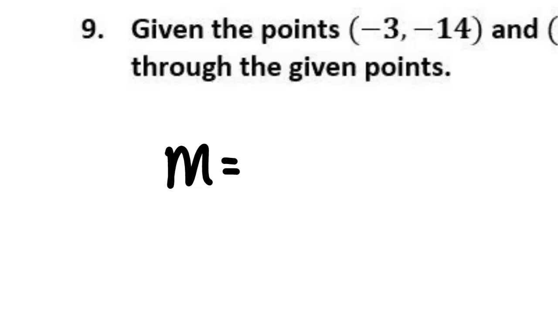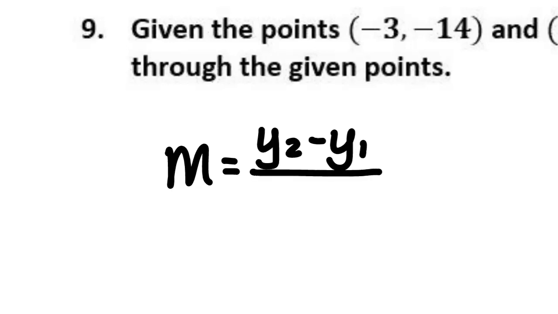Which axis does the rising? Which axis goes like this? The y. So when I'm finding rise, that's y2 minus y1. Run goes left and right. The axis that goes left and right is our x-axis. So to find the run, I do x2 minus x1.